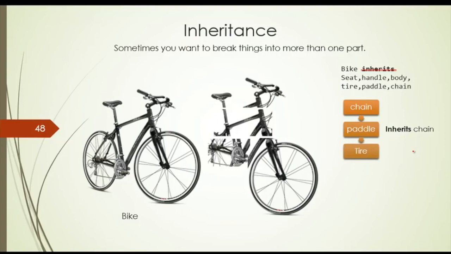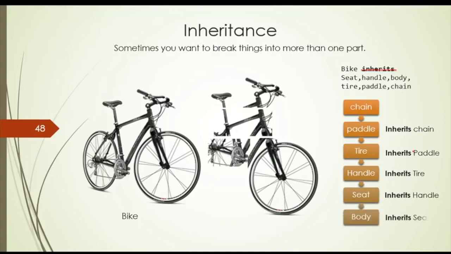Then we have the tire class, which inherits the pedal class, and then the handle class, which inherits the tire class, and the seat class inherits the handle class, and the body inherits the seat, and the bike inherits the body, and so on. So that's how we get the cycle.